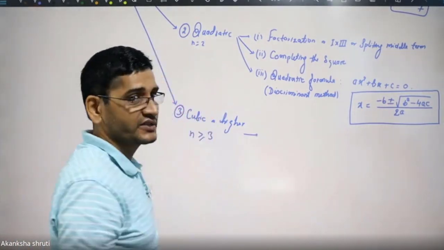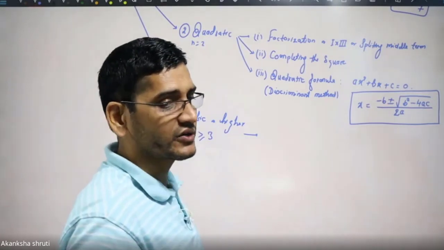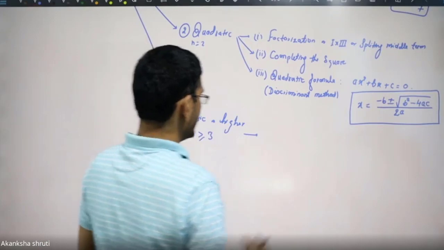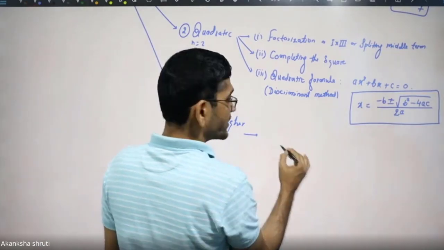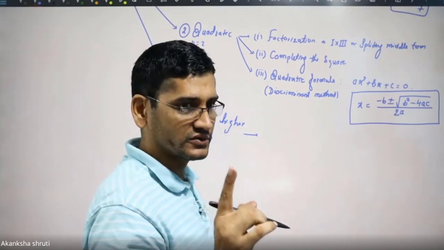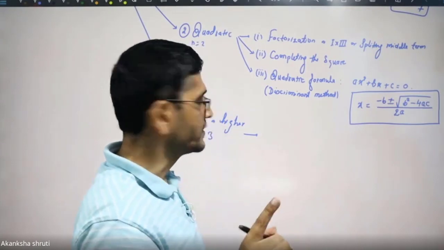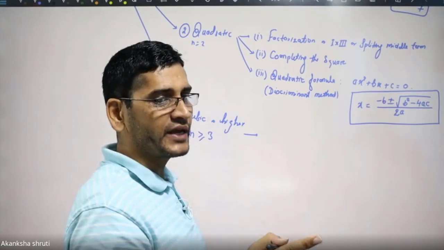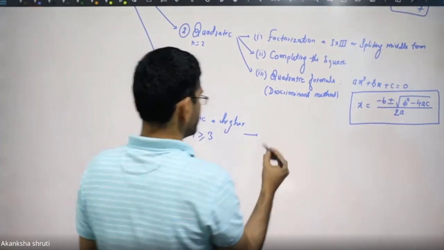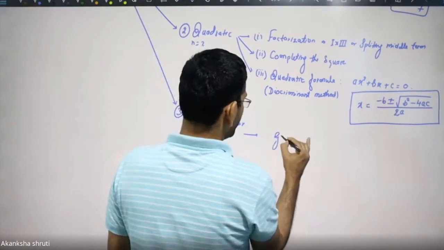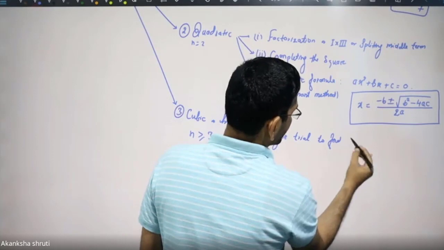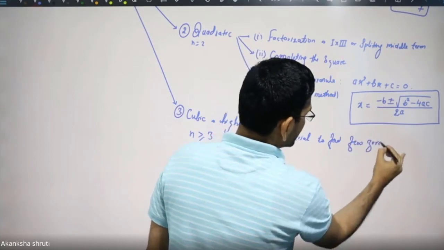There are also some formulas, but they are not required. The general method I am telling you: first give a trial to find zeros. At least 1 zero you have to determine.